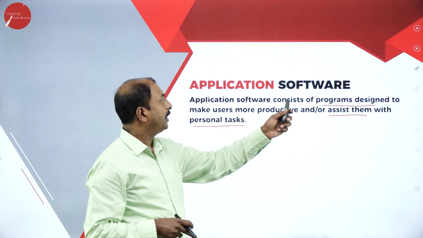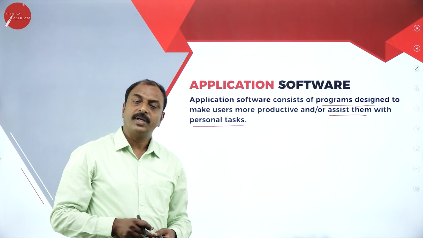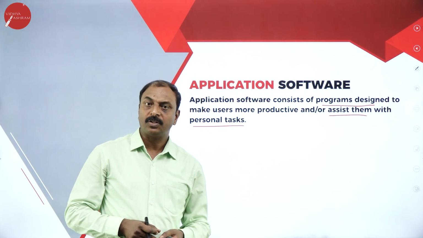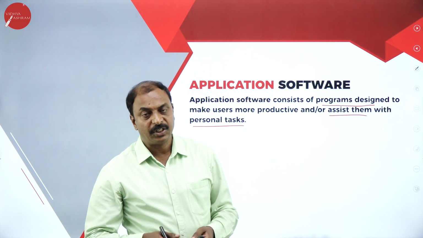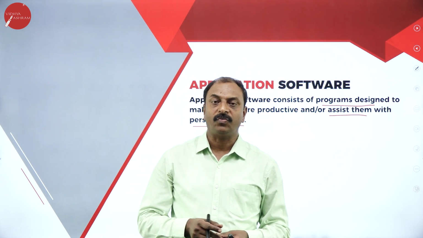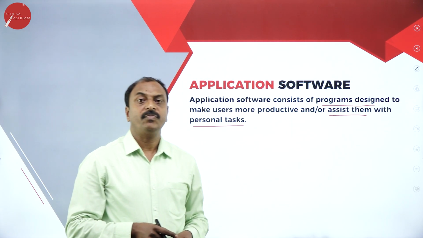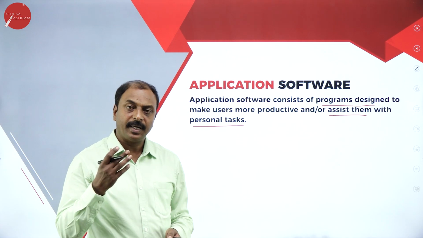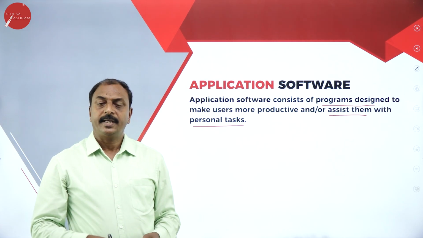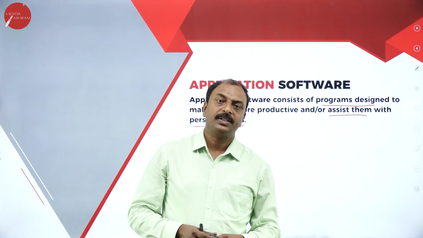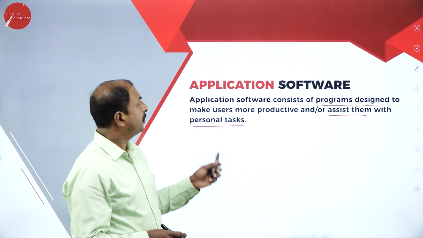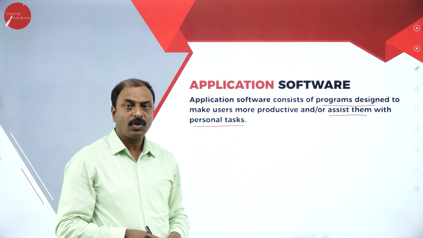Now we can see many examples of application software. MS Word is application software, and most of you are familiar with PowerPoint. PowerPoint is application software, and gaming software is application software. So these are all different types of application software.